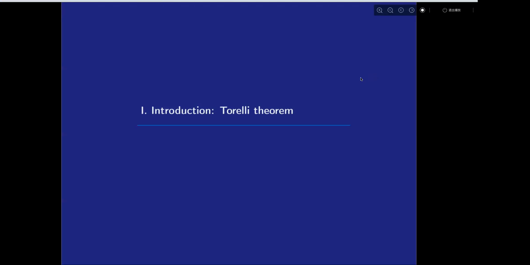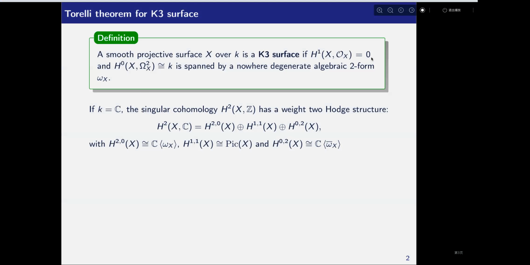The motivation is from the so-called Torelli theorem on K3 and abelian surfaces. Let's briefly recall the Torelli theorem for K3 surfaces. Recall that a smooth projective surface over K is K3 if it has no holomorphic 1-forms and also has a nowhere degenerate algebraic 2-form, or in other words, the canonical bundle is trivial.